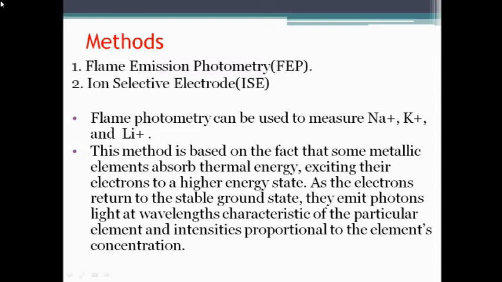For the analysis of electrolytes, there are mainly two methods: flame photometer or ion selective electrodes. The flame photometer can be used to measure many positive ions like sodium, potassium, lithium in the sample. The principle of flame photometry is based on the fact that some elements absorb thermal energy and their electrons are excited and go to a higher state.